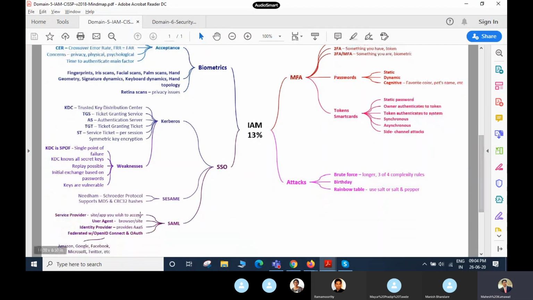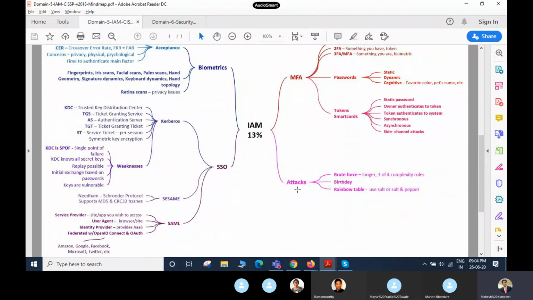So this is SAML, this is Kerberos. If you open any job descriptions of cyber security, information security, incident handler, system analyst jobs, any jobs, they require a person who understands Kerberos, SAML, single sign-on. What are the different types of attacks?